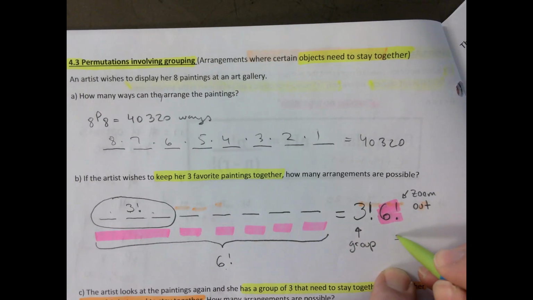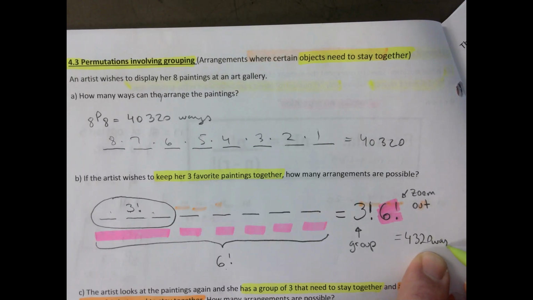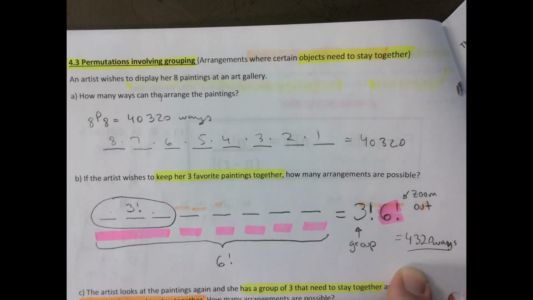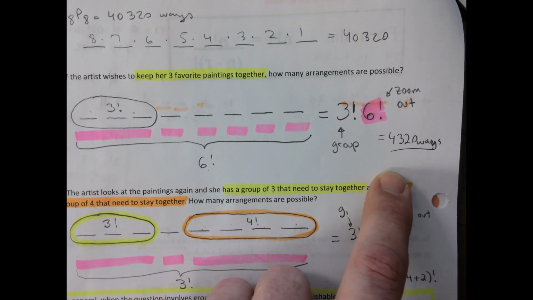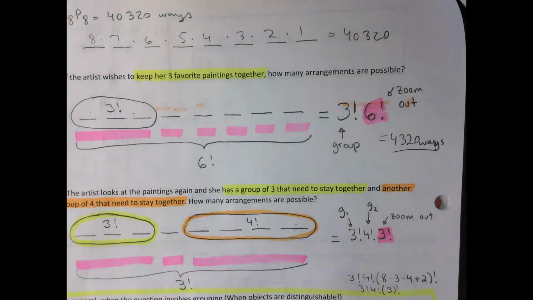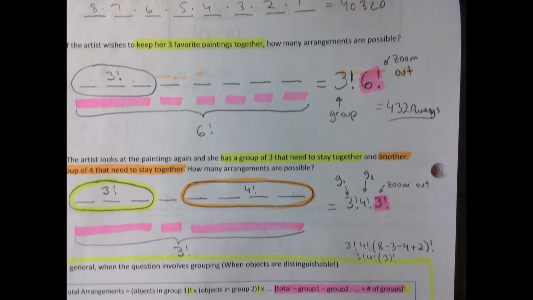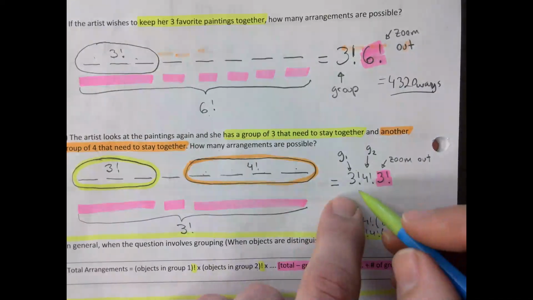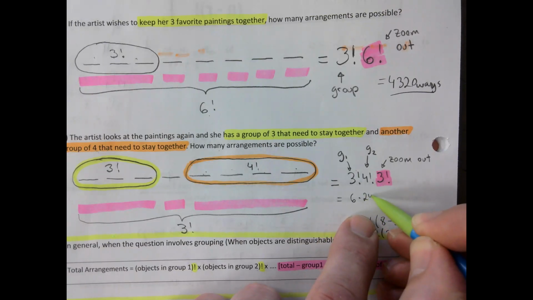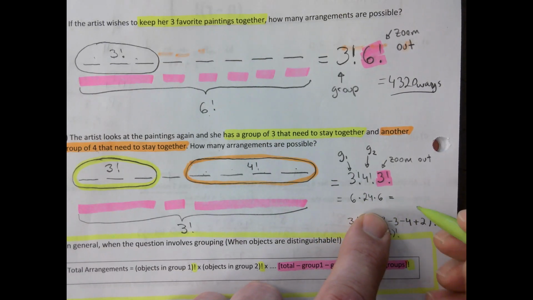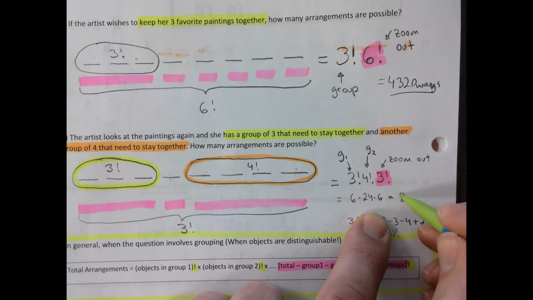You can write this down here. 4,320 ways, because at the end of the day, unless we tell you otherwise, you have to give us an answer. So this is 120 times. And then this one down here, we can just say 3 factorial is 6 times 24 times 6, right? That is 864 ways.